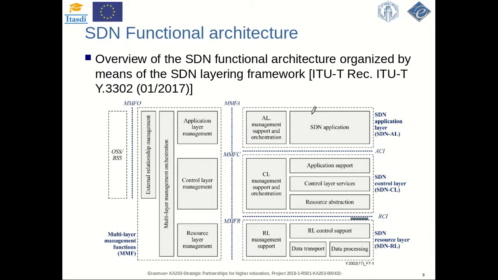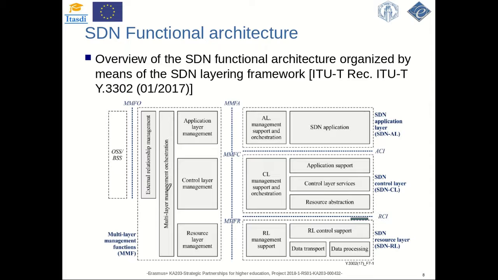and as we can see, we have multi-layer management orchestrations on those three layers, and here we have separated the SDN application layer in management support orchestration, SDN application. Also we have application support control layer, service and resource abstractions here on the control layer, and as we see, we have different interfaces communicating one with each other.